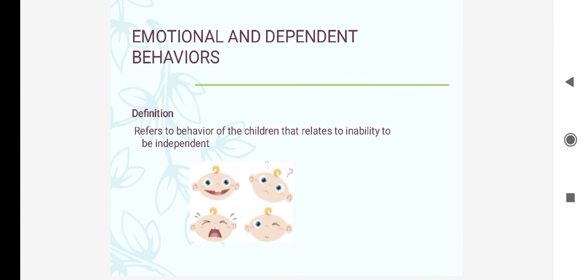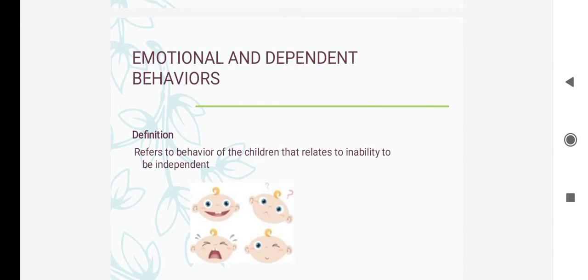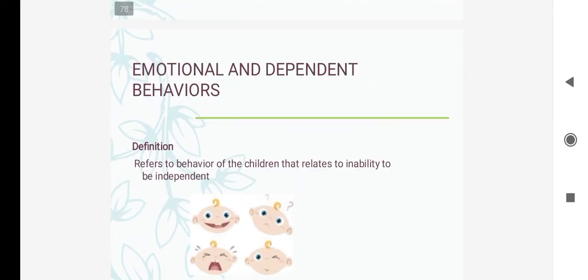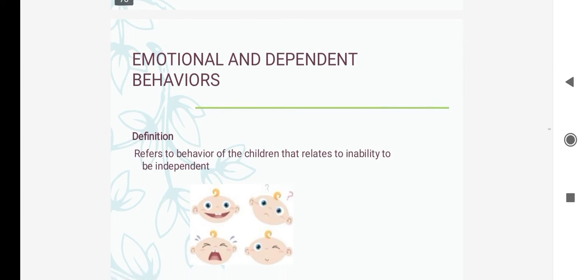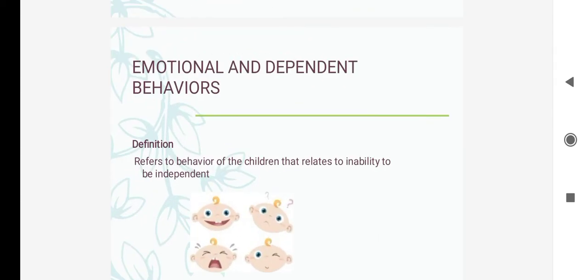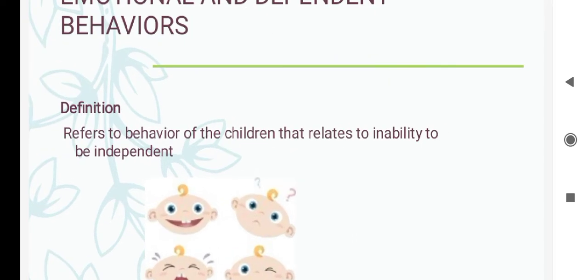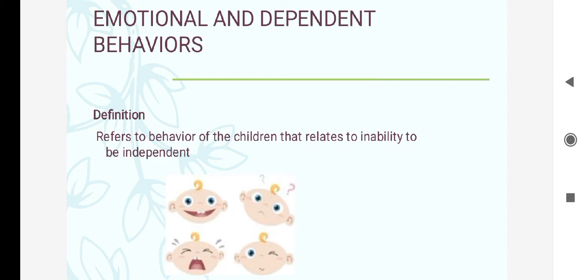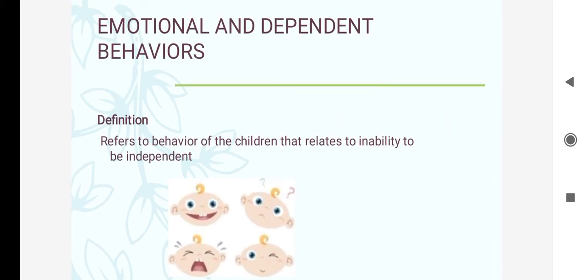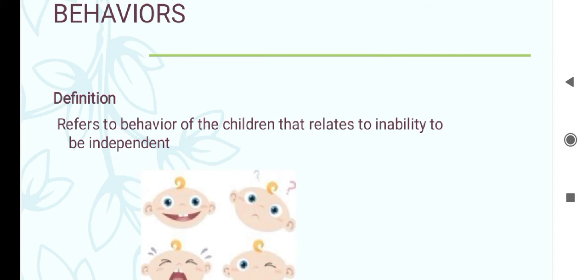So children are showing their behavior, showing that they are unable to be independent. To be independent here means they are depending on others. So they are depending on adults, or depending on people surrounding them to do something. So that is the meaning of dependence behavior.